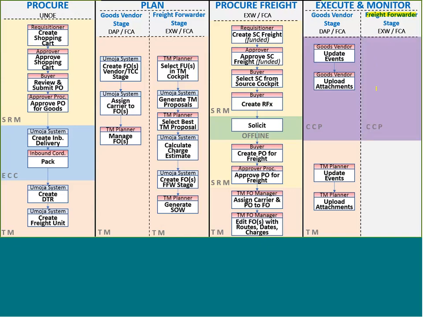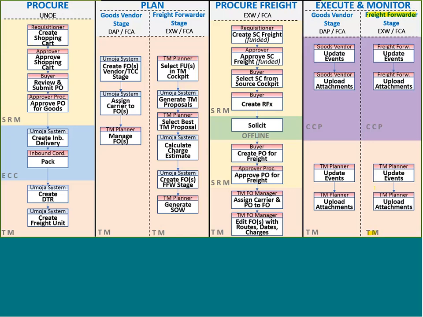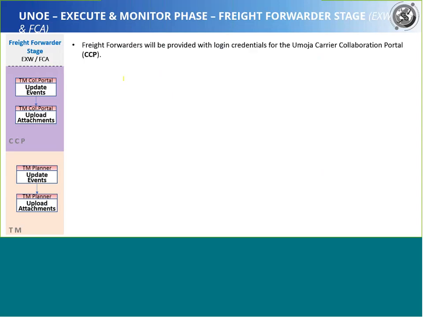The freight forwarder will have access to submit events and attachments, and then planners and also freight order managers will be able to see in TM all the submitted events and attachments, or they can submit events and attachments on behalf of freight forwarders. So there are no changes to what we said for the goods vendor.